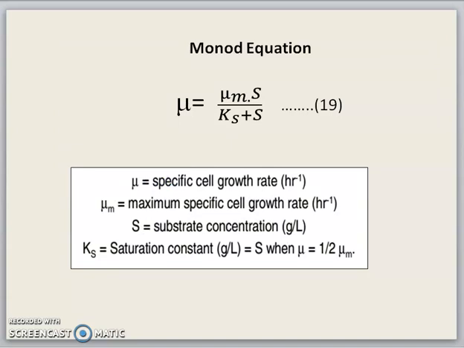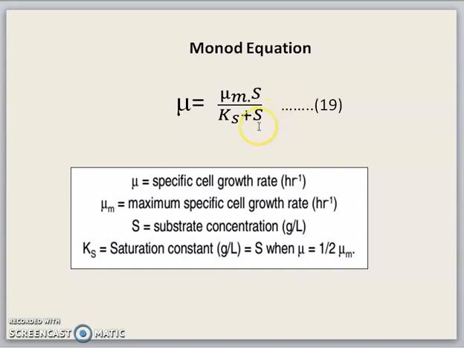As mentioned in the previous lecture, the main equation used in growth kinetics is the Monod equation. You have to remember this Monod equation and all the variables and parameters involved in it.